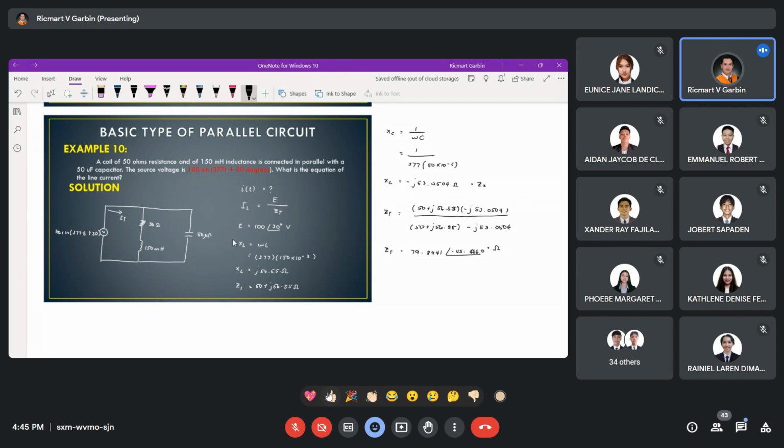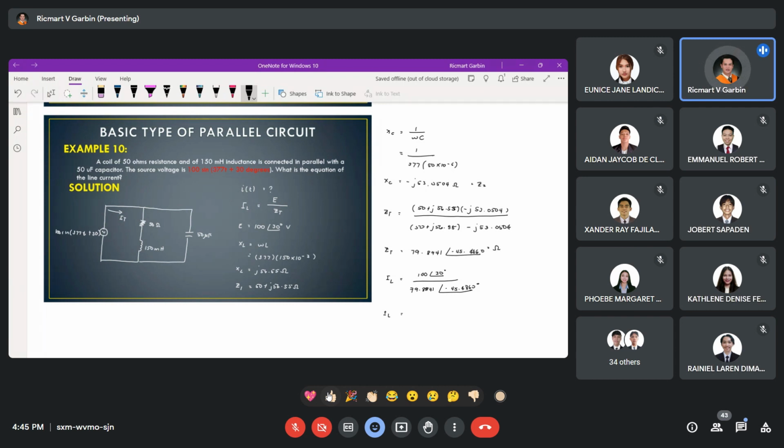Okay. And finally, for our line current, so that is equal to the total voltage, which is 100 bar angle 30 divided by our impedance na 79.8941 bar angle negative 45.4860 degrees, which will give us the line current equivalent to, in polar form ng ilagay nyo.